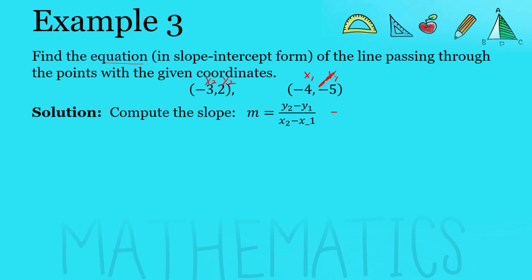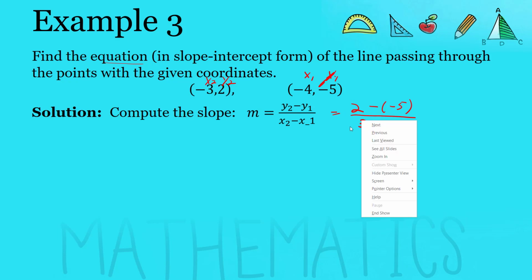Then we are going to have that m is equal to y2, which is 2, minus y1, which is negative 5, and then x2, which is negative 3, my apologies, minus x1, which is negative 4. Okay, that reduces to 2 minus negative 5 is just 2 plus 5.